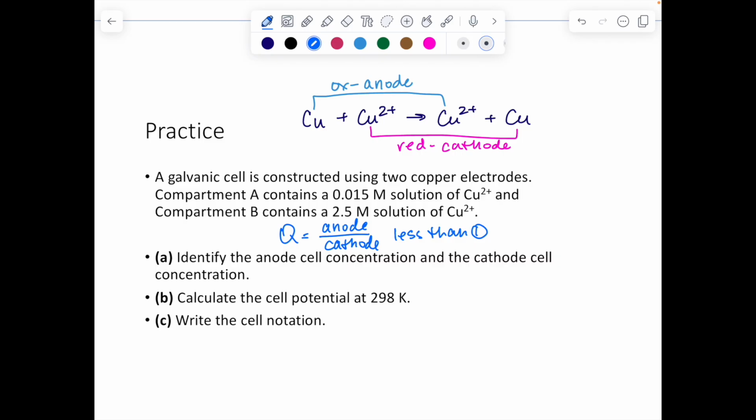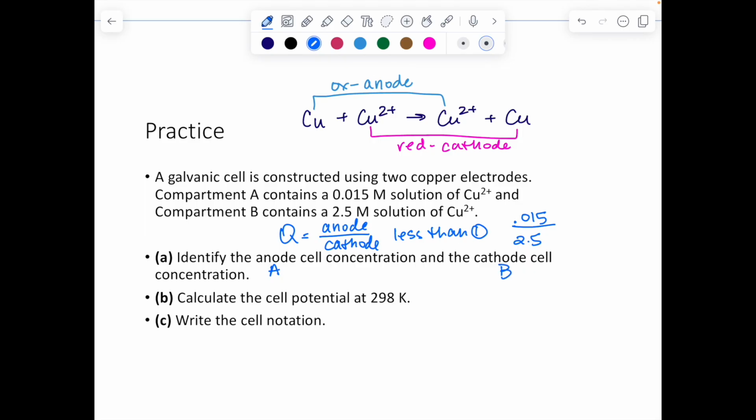Okay, so we need to put 0.015 over 2.5, which means that compartment A is going to be the anode. So anode will be compartment A, and the cathode will be compartment B.